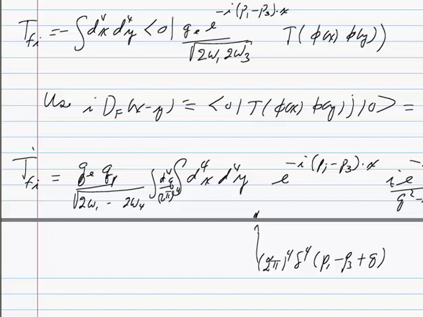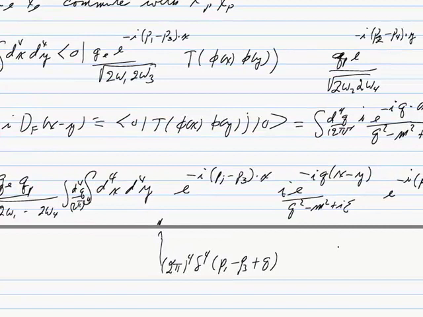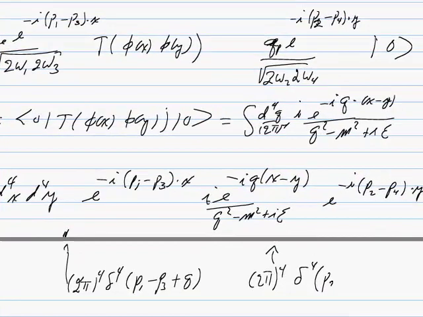So all the x integration is just in the exponential. The y integration gives me 2 pi to the fourth delta 4 of p2 minus p4 minus q.